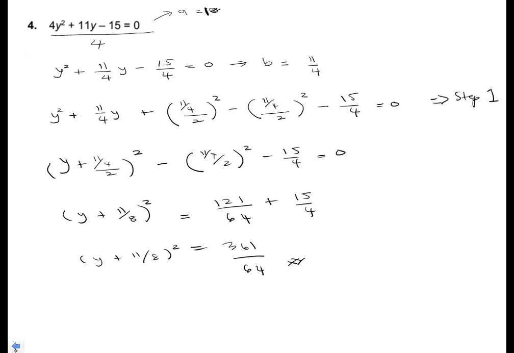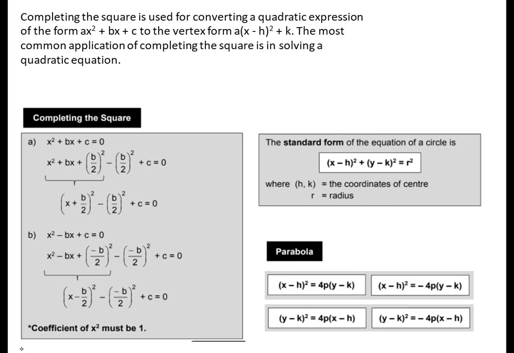Number 1: y squared plus 6y minus 4x plus 1 equals 0. There's a mix of variable y and variable x in the quadratic expression. Let's go back to the standard form of the parabola. Here you can see that in one equation we have variable x and variable y.